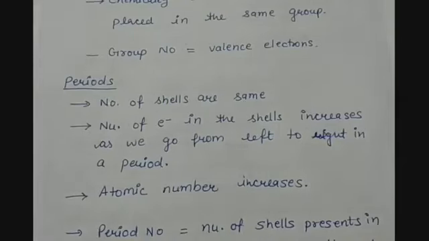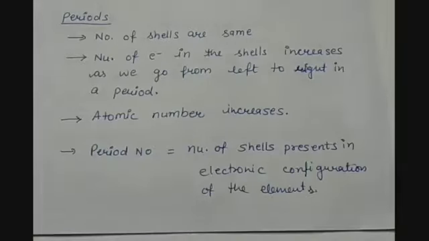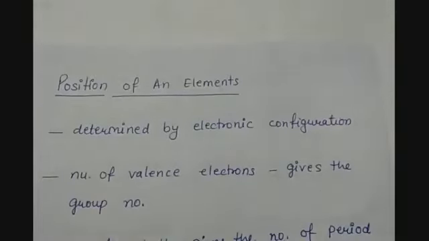So as we go in a period from left to right, the atomic number increases, and hence the addition of electrons in the same shell increases. That means period number will be equal to the number of shells present in the electronic configuration of the element.